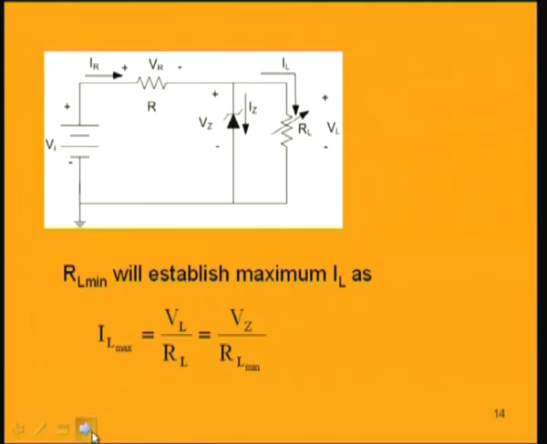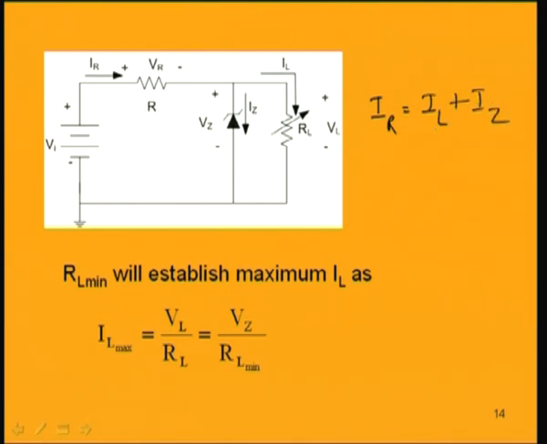Now, that RL when it is minimum, if we again concentrate and think about this condition of Kirchhoff's current law at this node, RL is minimum and IL will be maximum. So, when IL is maximum, IZ will be minimum, because IR equals IL plus IZ.